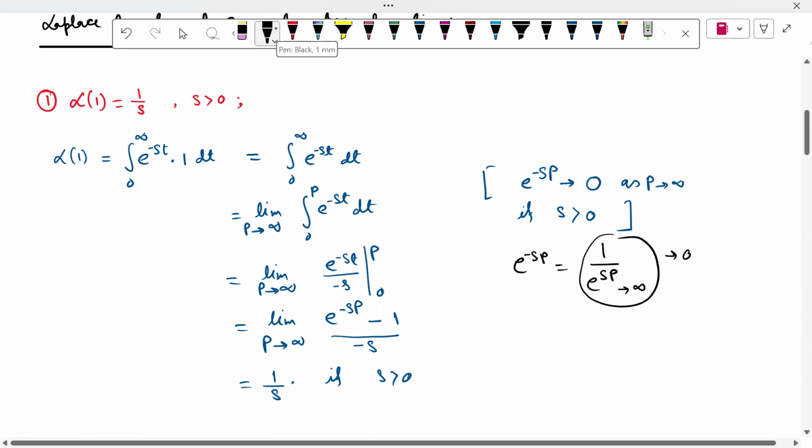But if s is negative, then this term becomes positive and goes to infinity, so in that case the integral will not be convergent. So we need s to be positive. Since s is positive, e to the power minus sp goes to 0, the minus s and minus cancel out, and 1 by s is the answer.